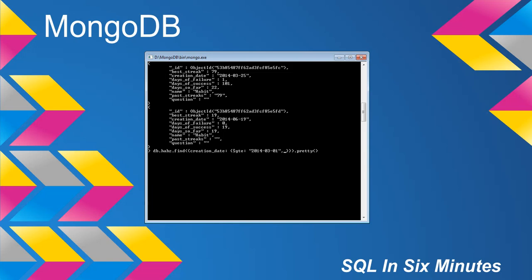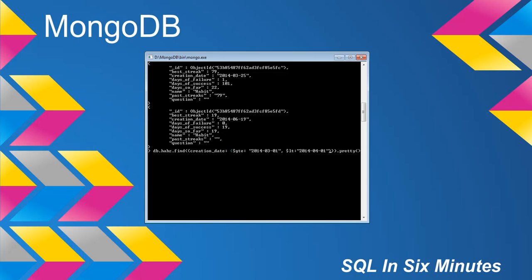So we only want to look at habits that are started earlier than April 1st. So that would be the less than operator. And we would be looking at less than 2014, 04, 01. And note, it's not less than or equal to because we're looking at them where it's earlier than April 1st, not earlier including April 1st.